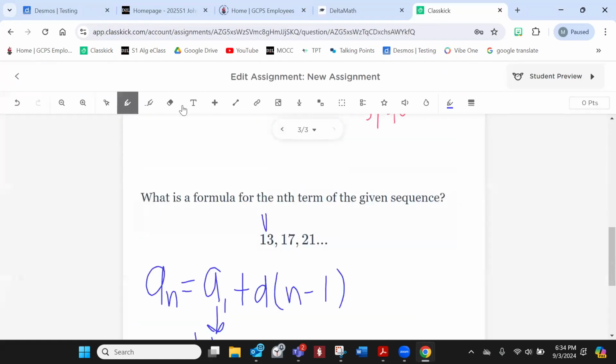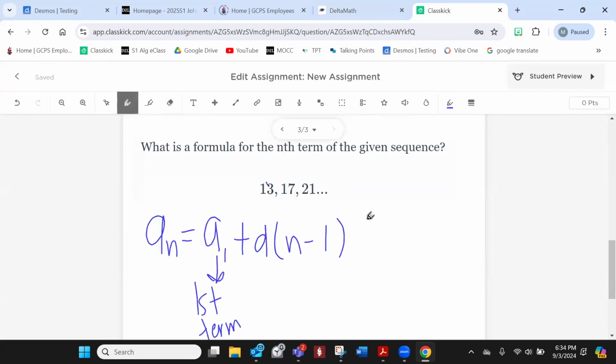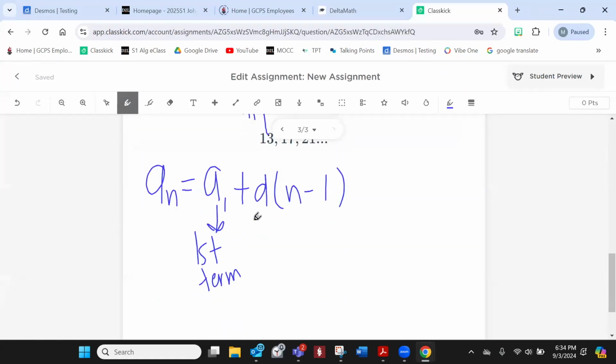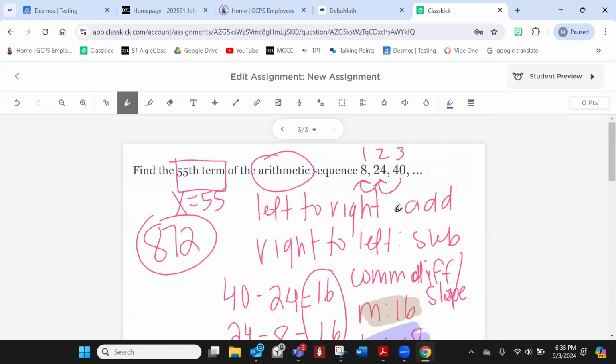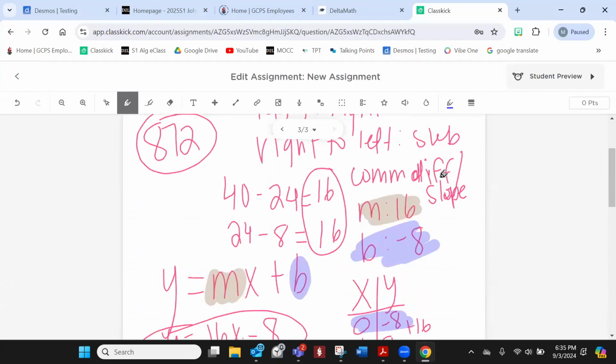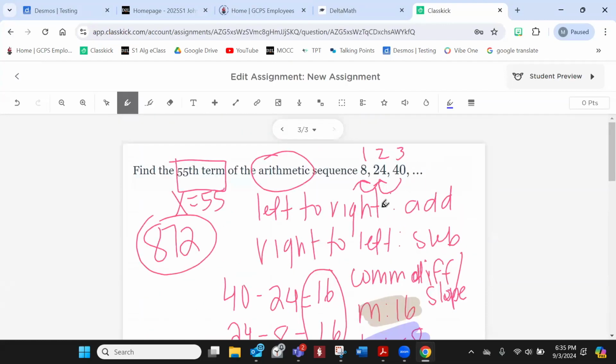That's the first term in the sequence. So here's my first term, which is 13. Okay, so basically, this is a sub 1. All right, now D. D is what we call the slope, or the common difference. So we literally just did it up here. How we add or subtract, that is our common difference, aka the slope. Okay, so we're gonna do the same thing we just did and we're gonna work backwards.